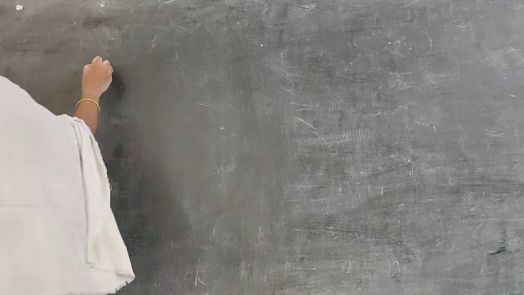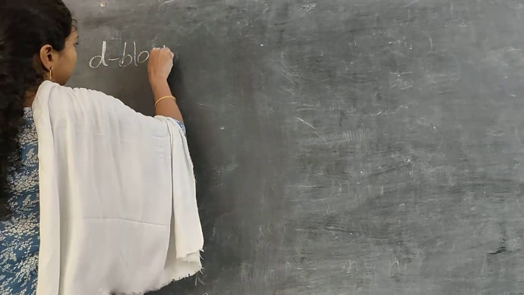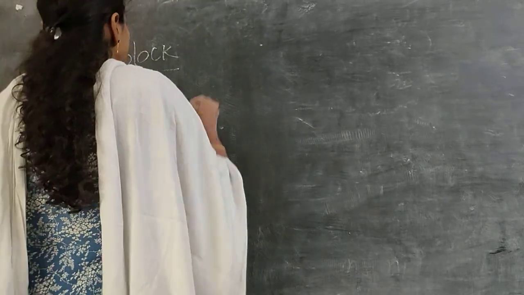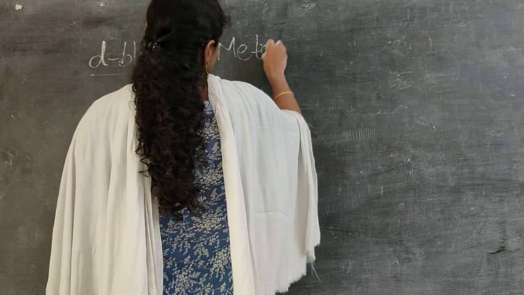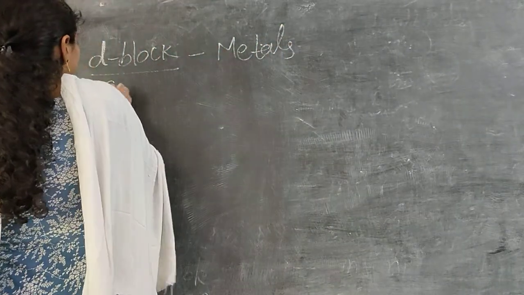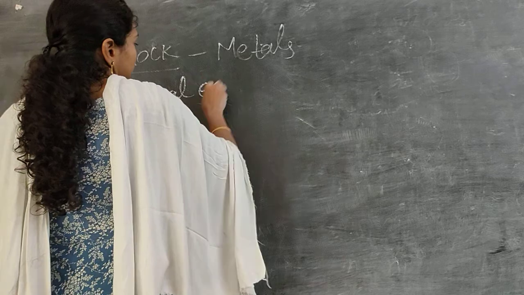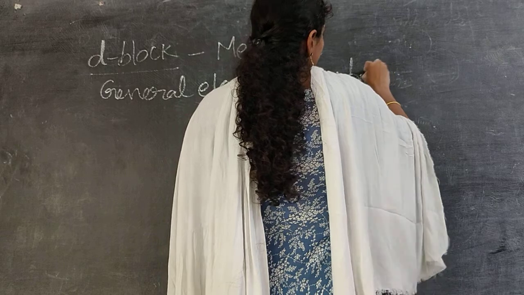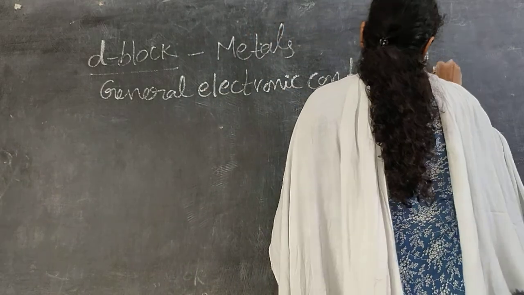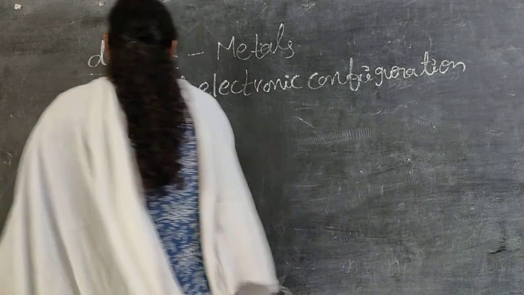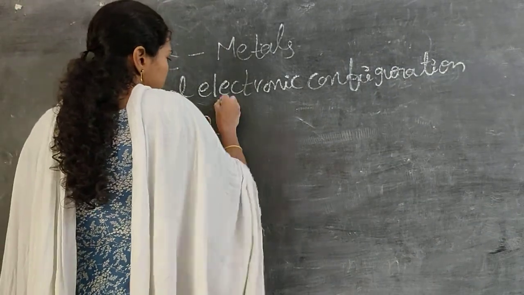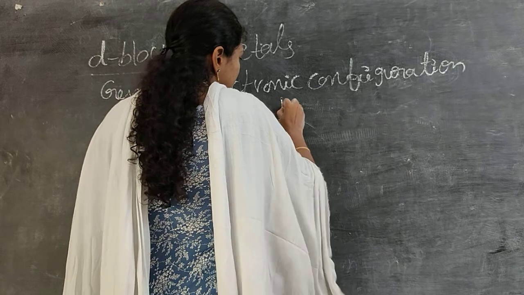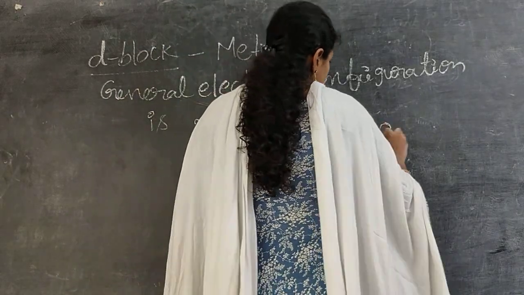In the D block, all are metals only, I said clearly. The differentiating electron enters the d orbital. Those elements belong to the D block. All are placed with the metals only. The general electronic configuration is Ns2 Np6, (n-1)d1 to 10.